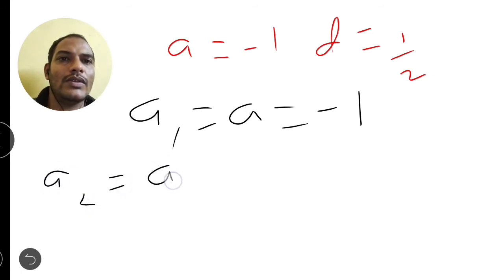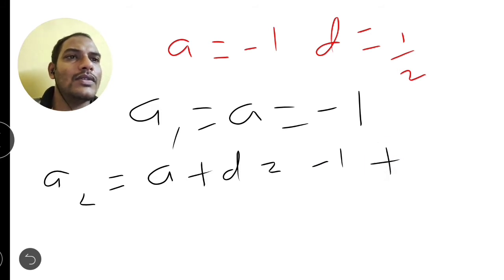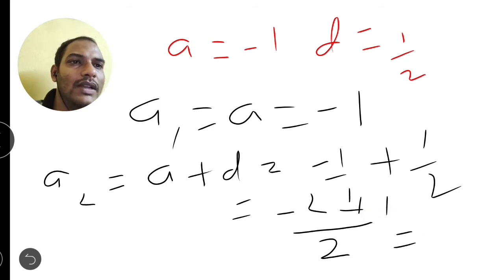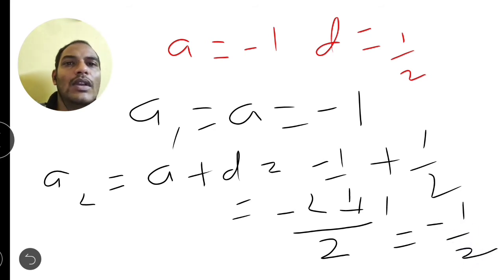So A2 equals to A plus D. So A equals to minus 1 plus D equals to 1 by 2. So here minus 1 can write as minus 1 by 1. So the LCM is 2. So 2 into minus 1 is minus 2 plus 1. So minus 2 plus 1 is minus 1 by 2. So first term is minus 1, second term is minus 1 by 2.